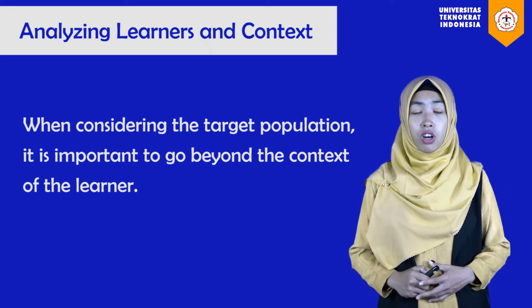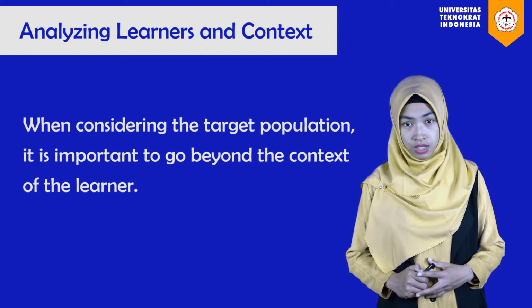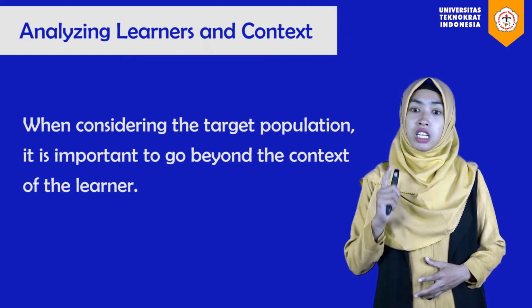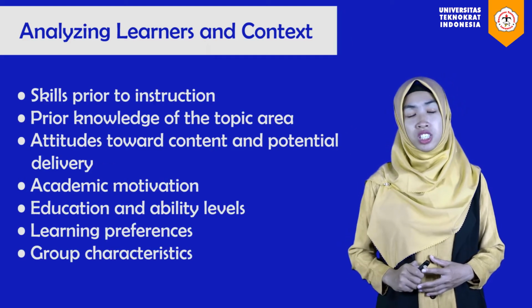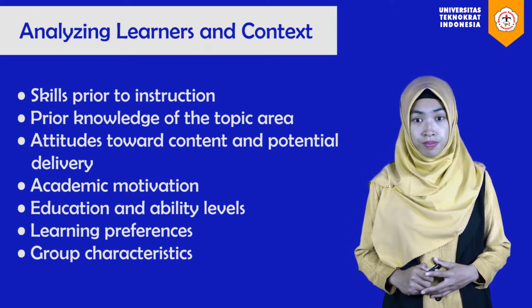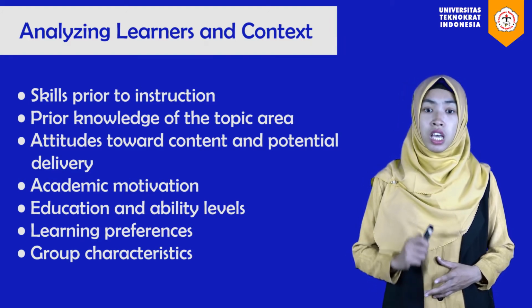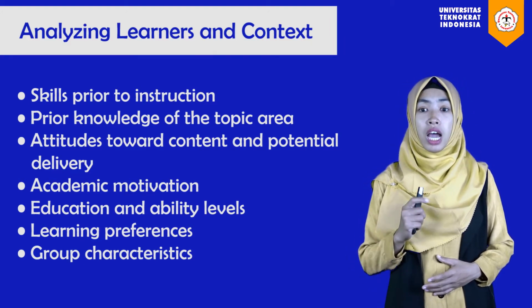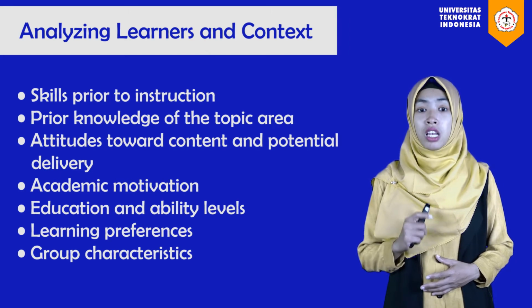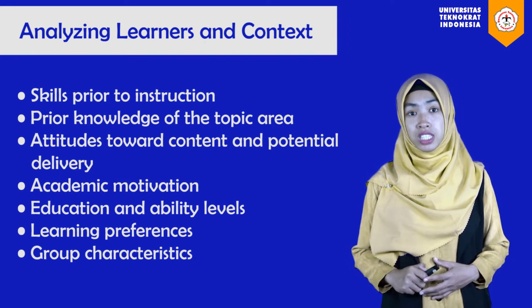The designer or the teacher should consider the target population, such as skills prior to the instruction, and prior knowledge of the topic area. Next are attitude toward the content and potential delivery, academic motivation, education and ability level, learning preferences, and the last one is the group characteristics.